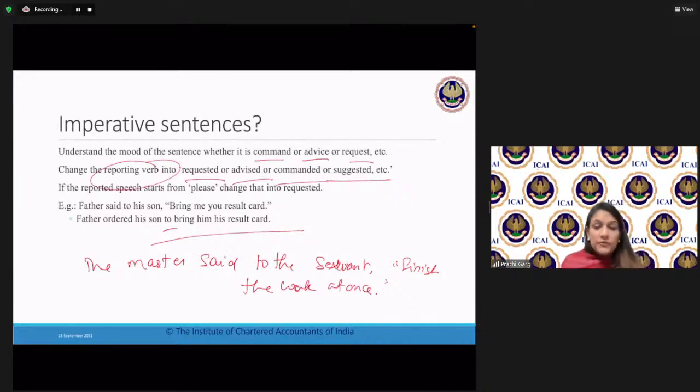So which reporting verb will be used here? Will it be requested, advised, commanded, suggested, or ordered? What do you think we will use here?